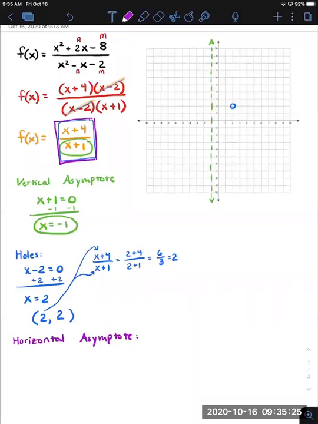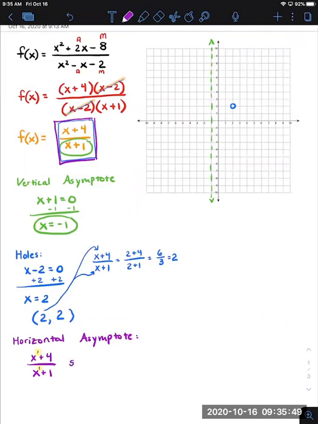They both give you the same answer, so it doesn't really matter. So I'm going to take that simplified equation, and I'm going to be comparing the highest exponents. So we look at our highest exponents. There is not an exponent at the top or the bottom, but there is an x. So we can assume that those exponents are 1.